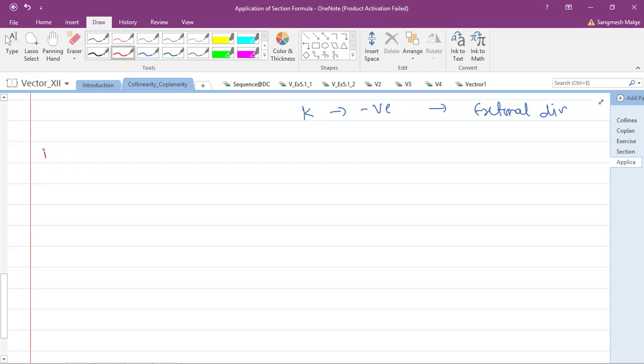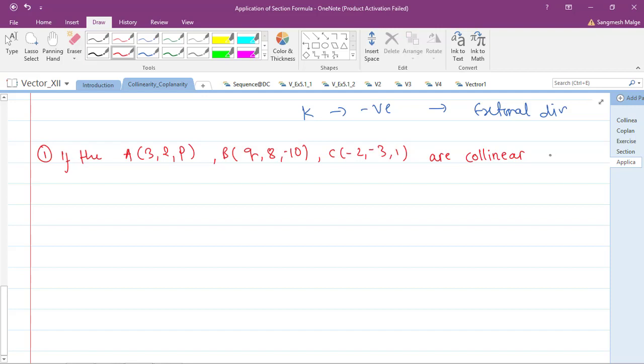Question number one of this video: if the three points A(3, 2, P), B(Q, 8, -10), and C(-2, -3, 1) are collinear, then find the ratio in which C divides segment AB.